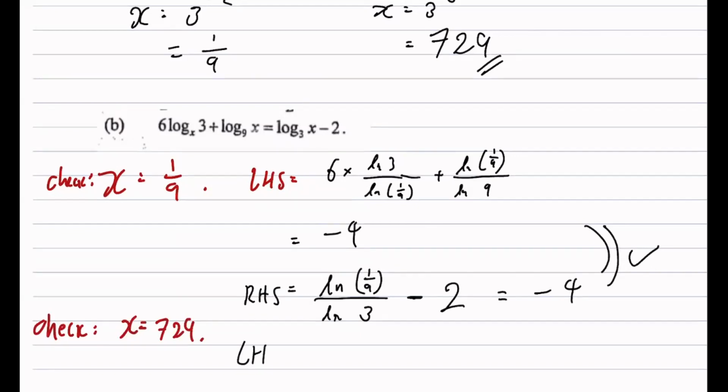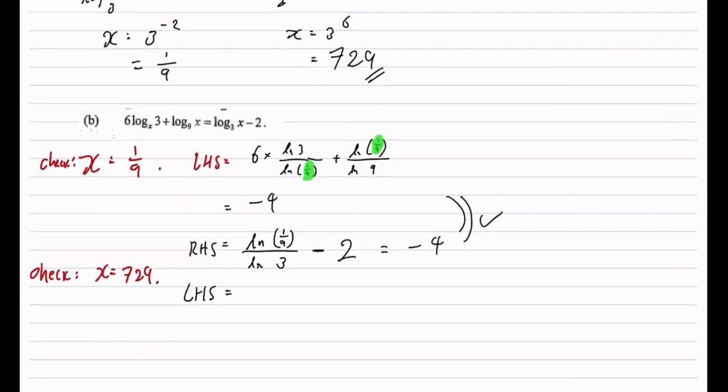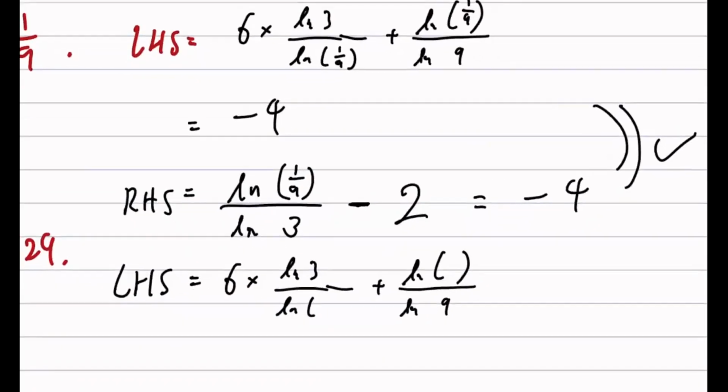So LHS, I'm just going to replace all the 1 over 9 with 729. So I'll just copy and paste, and then I replace 1 over 9 with 729. Type it in the calculator.